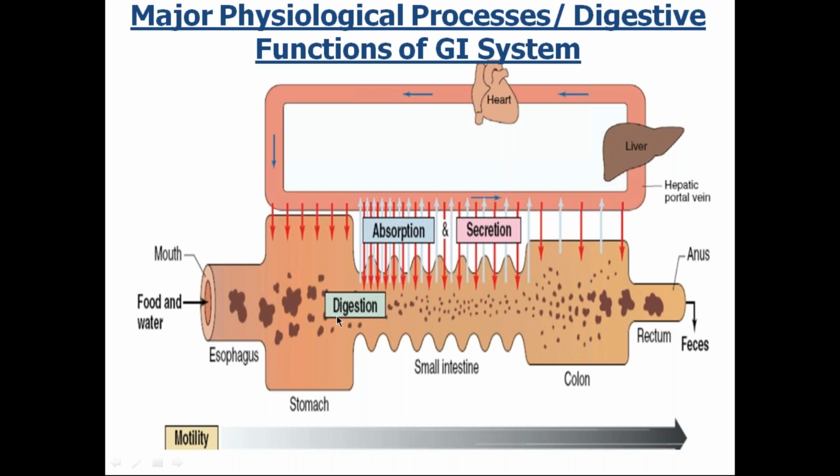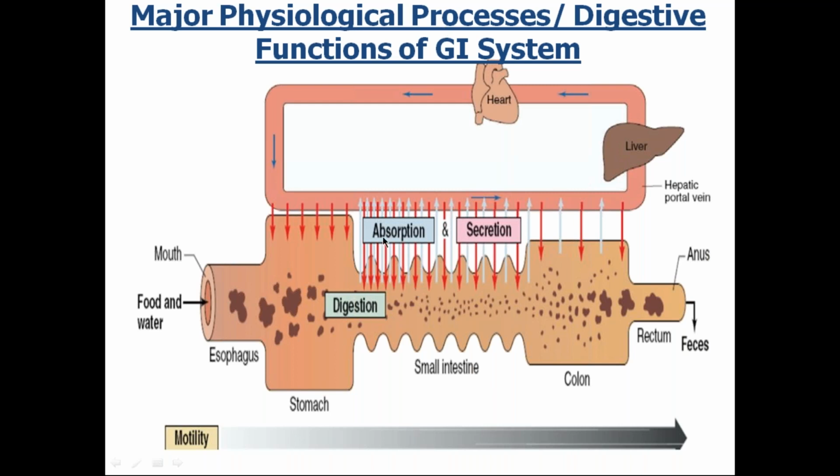So it has to be first broken down so that the digestive enzymes can act on it. Once the digestive enzymes have acted on it, it is ready for absorption, right? So the first major physiological process is digestion.